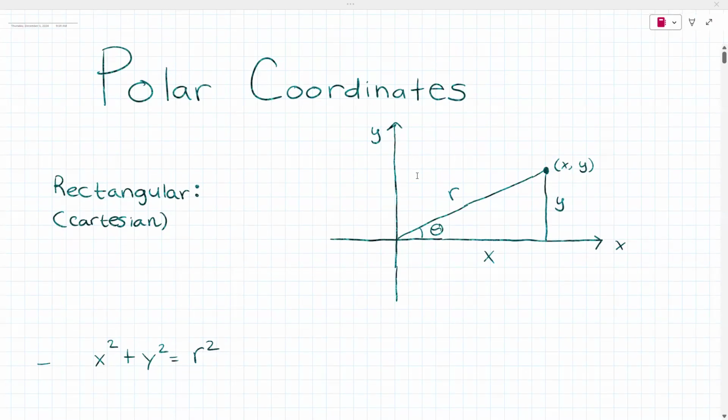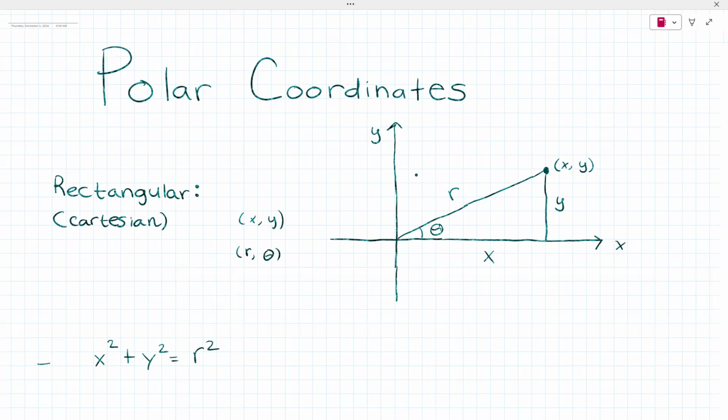We're used to the x comma y coordinate, right? Somehow we're going to have to convert that to radius comma theta. So that's what we have to do.